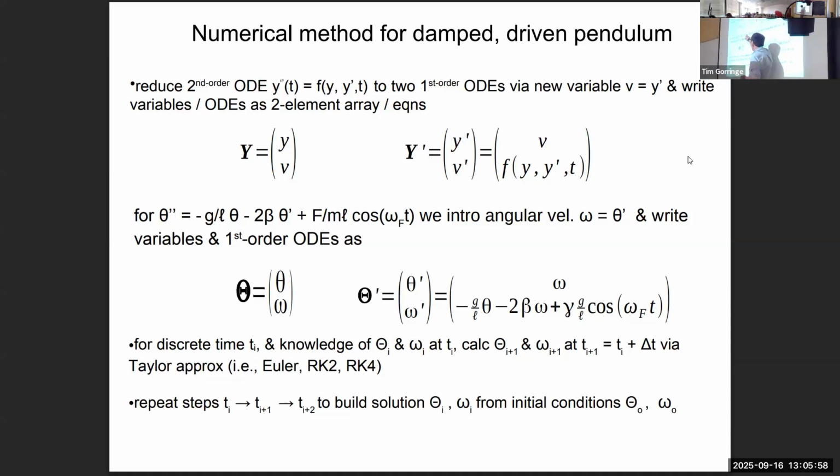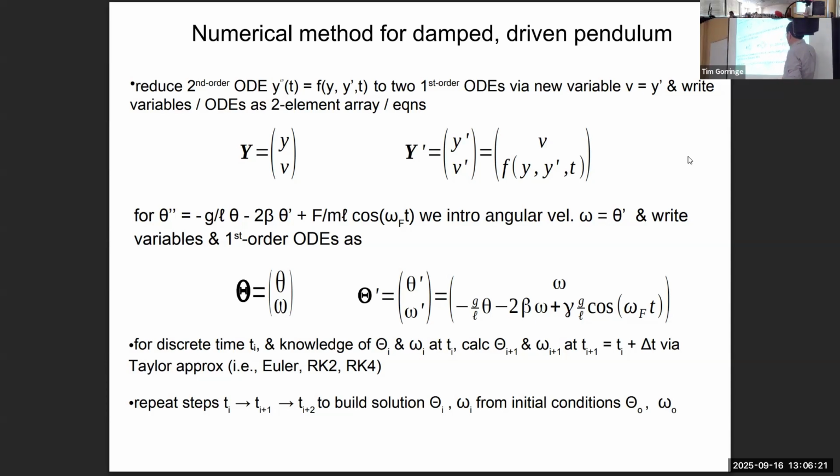I should have put this in terms of the damping constant. Put it here in terms of the damping constant. So now the two variables for our two first order differential equations are the original variable theta and the angular velocity, which is equal to theta prime. So these are the two variables. There are two corresponding differential equations.